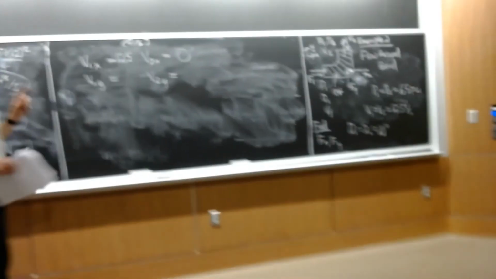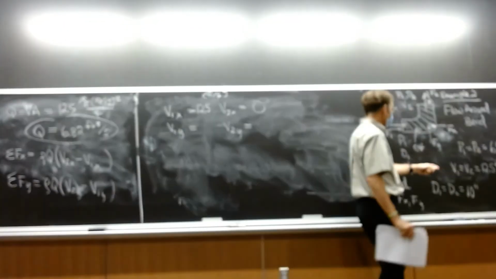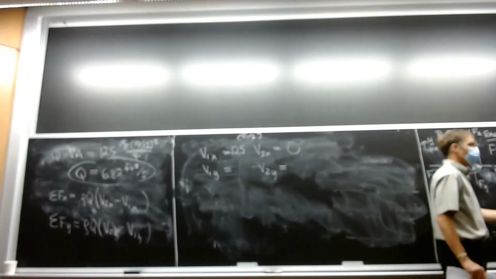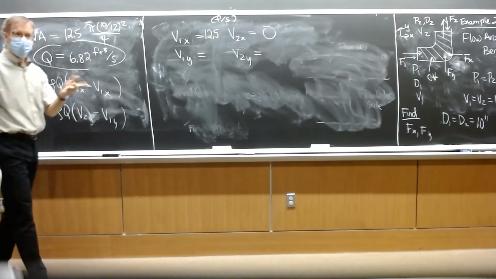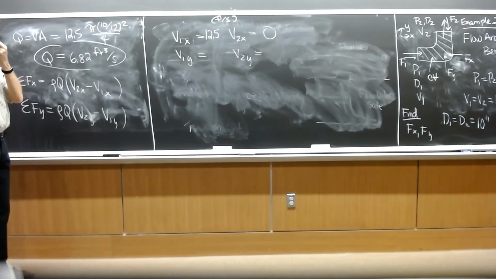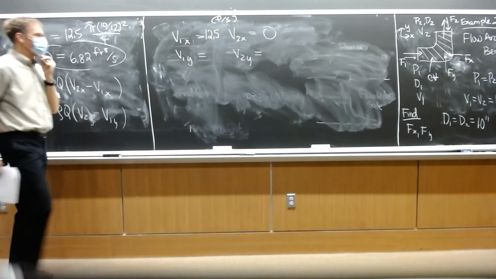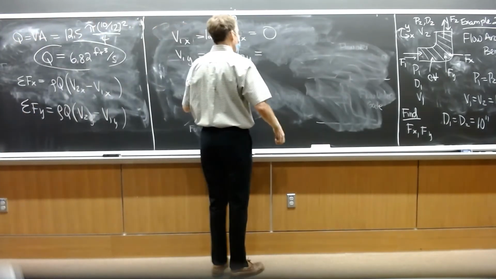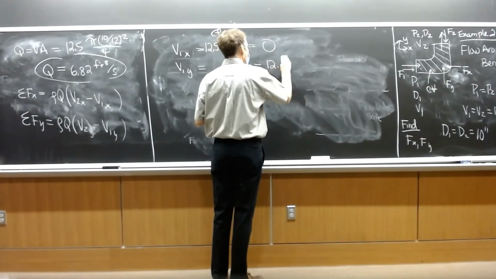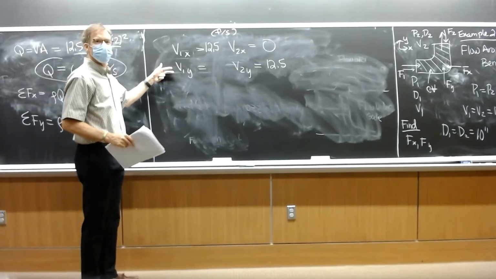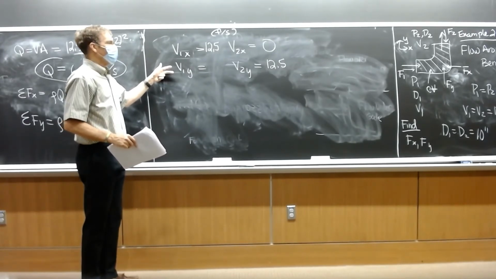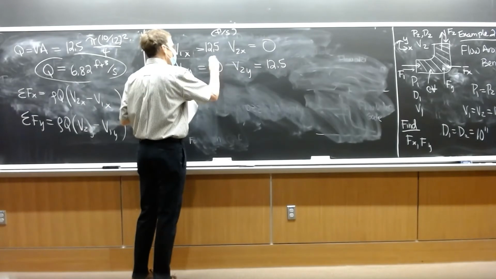You could get a problem where it gave you the upstream velocity and diameter and only gave you one of the downstream velocities or diameters and asked you to use continuity to find the other. In this case, it's all given to us. And this is 0. All right.